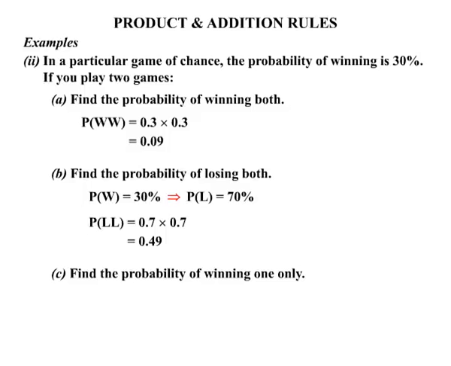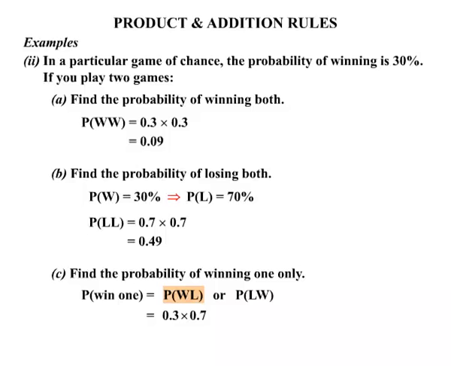Part C, find the probability of winning one only. Well, to win one only, we can either win then lose. Is there any other way? Or we can lose then win. Make sure that we cover all situations. Now the chance of winning then losing. Well, the chance of winning is only 30%, chance of losing is 70%.